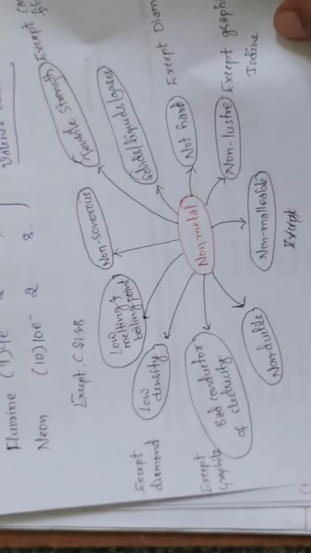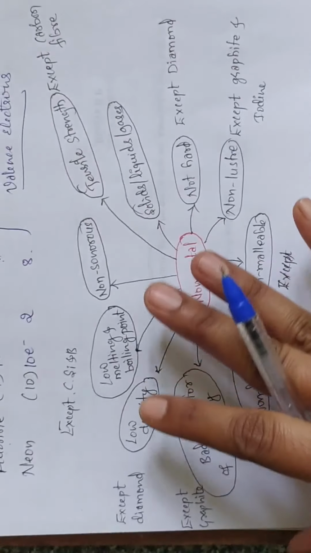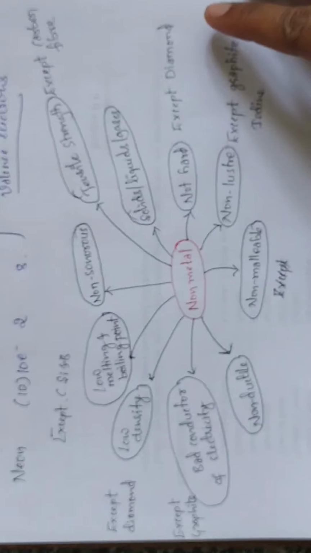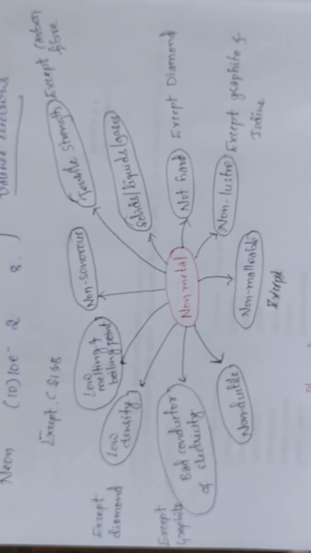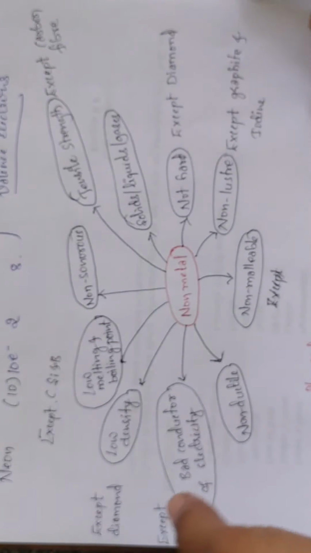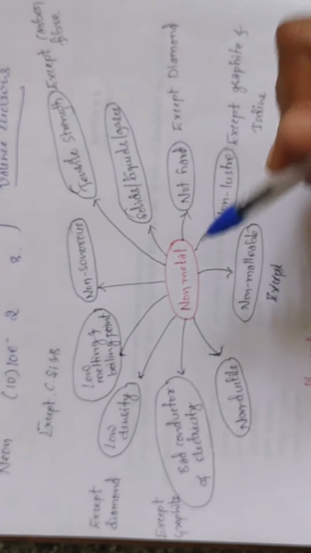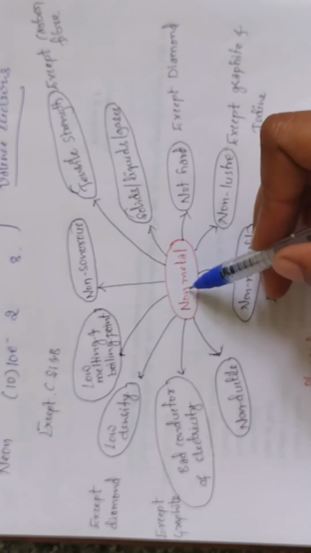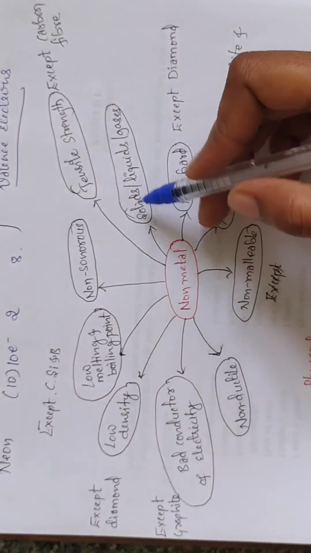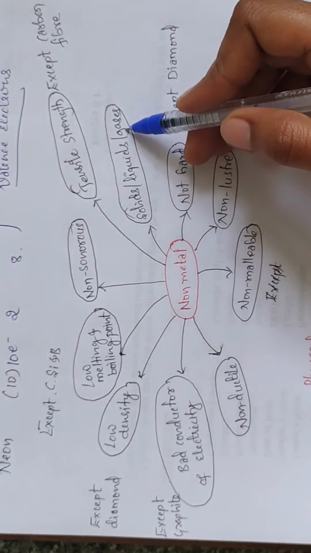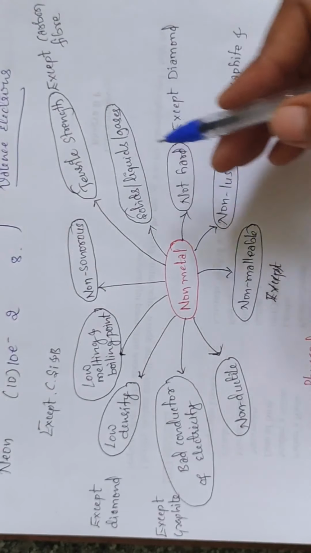Let us see the mind map to remember the physical properties of non-metals. See here, this is the non-metal. These non-metals are solids, liquids or gases at room temperature.